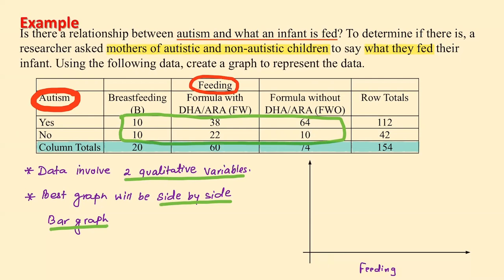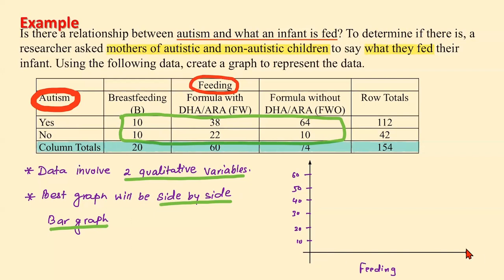So let's try to count by 10 if possible. 10, 20, 30, 40, 50, and then 60. And we are drawing the side by side. So what you do is we'll put the breastfeeding habit over here with yes first and then with no second.